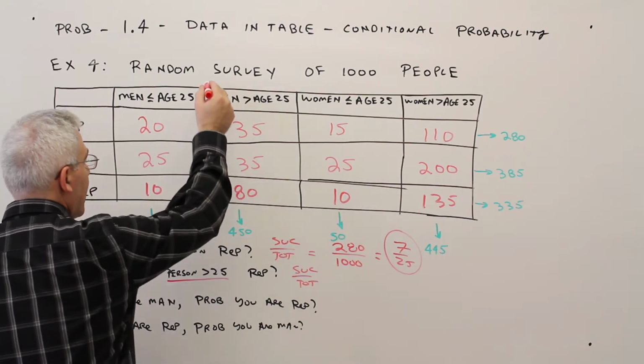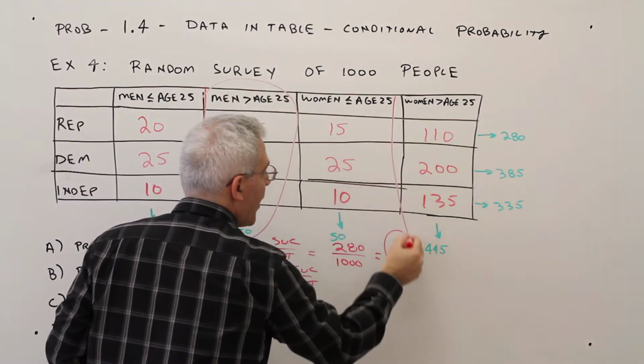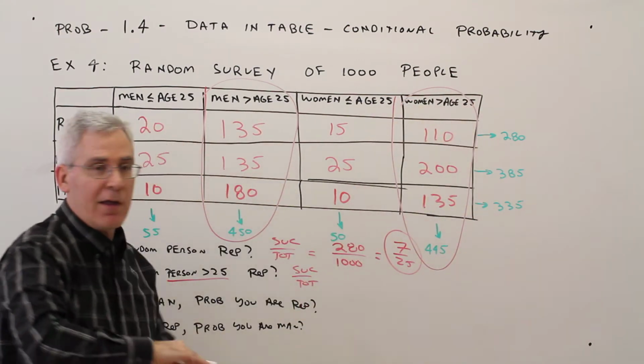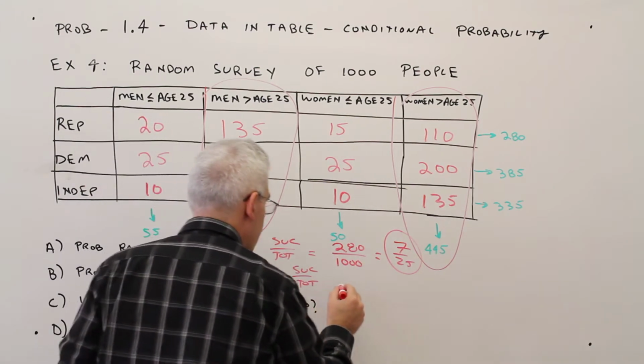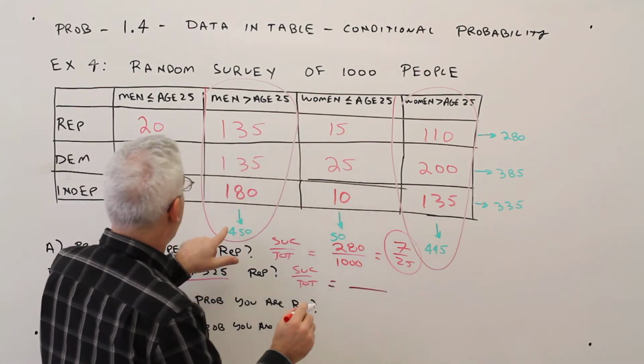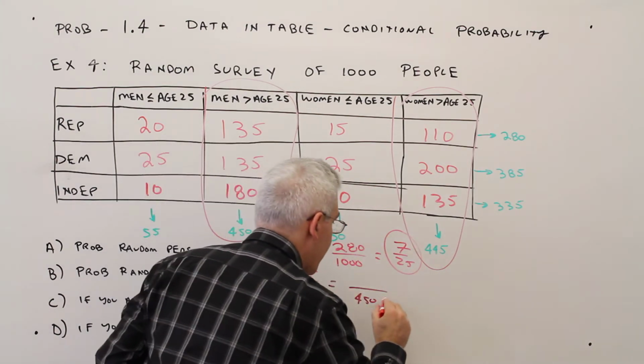Here's people over 25, and here's people over 25. That's my total sample space. I'll do the denominator first: those total people would be these 450 plus these 445.